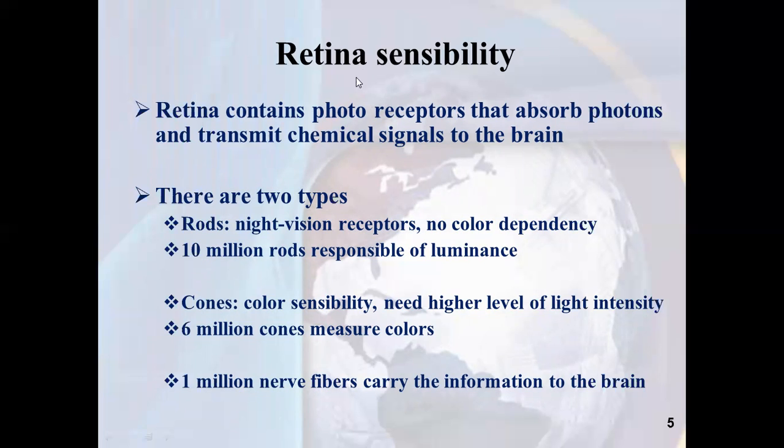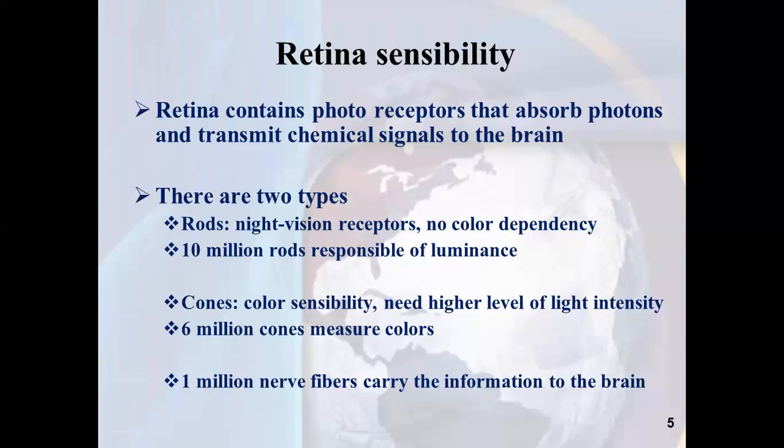For the receptors, there are two types: rods and cones. Rods are night vision receptors, with no color dependency. So with rods, we can see the white and black image without color.